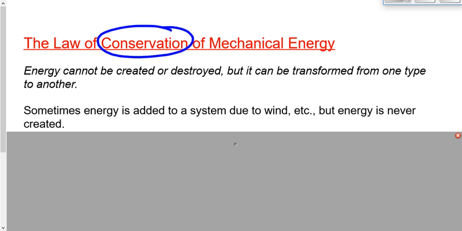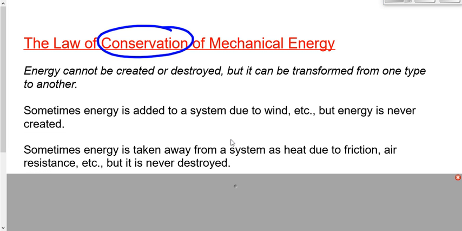Sometimes we have a situation like that where a motor and a chain is adding energy to the system. But in the end, we still haven't created it. It's coming from somewhere. If we account for everything, including the electrical energy that's going into the motor, then we would find the total energy would still remain the same because it can't be created.